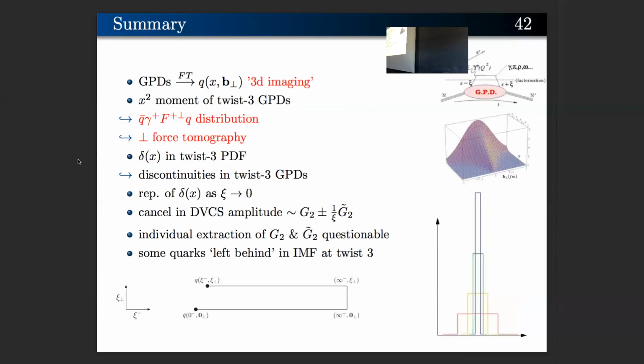Of course, I have no proof, and that's why I keep pushing and pushing and pushing for people to do a lattice calculation that might show at least, I mean, they will never see a delta function, but maybe they see the peak piling up.